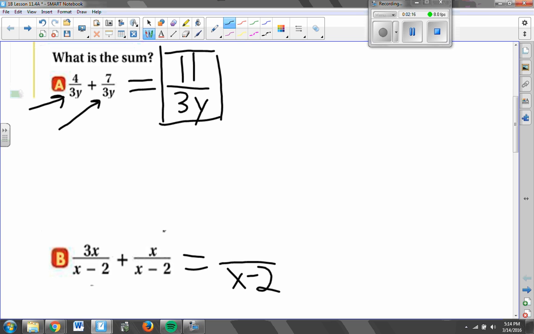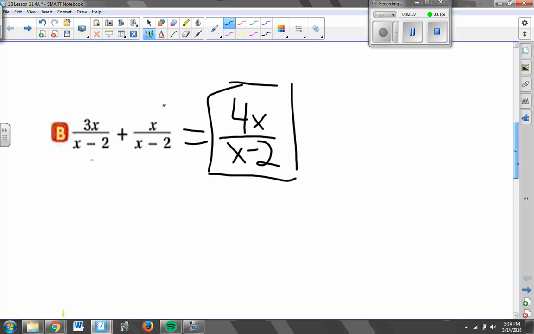So the denominator will be x minus 2. The numerator here, 3x plus another x, gives me 4x over x minus 2. Okay, and it's as simple as that, and I'm done right there. That's the answer, and I'm moving on to the next problem. Okay? So don't change your denominator, add the numerators together.